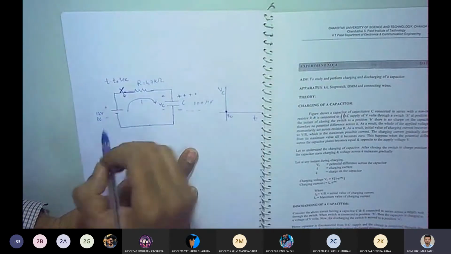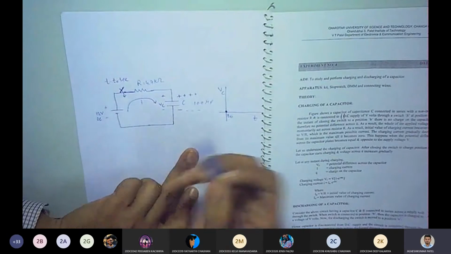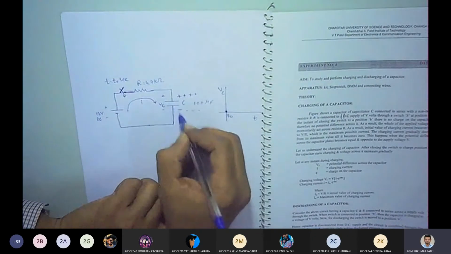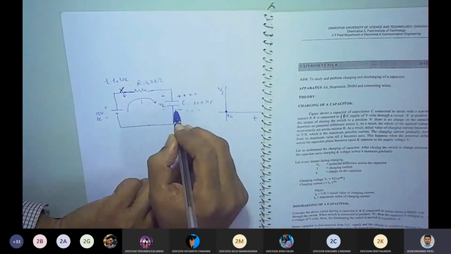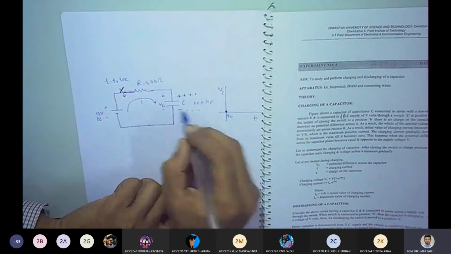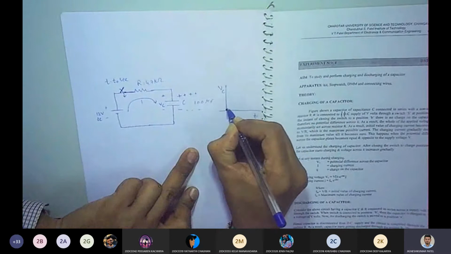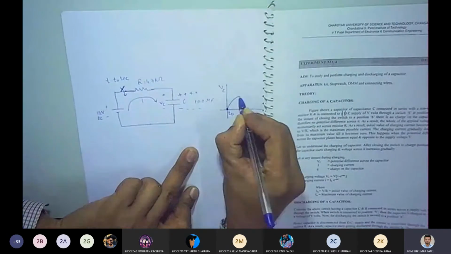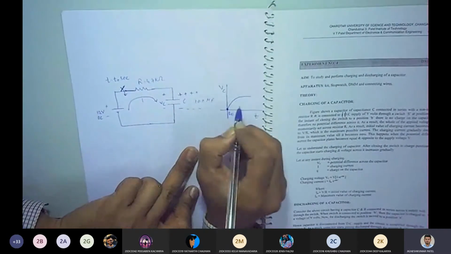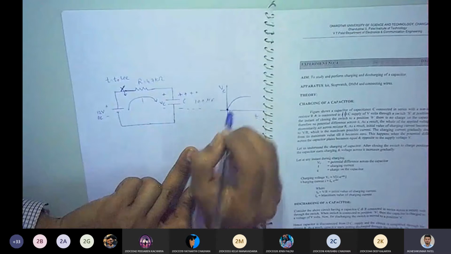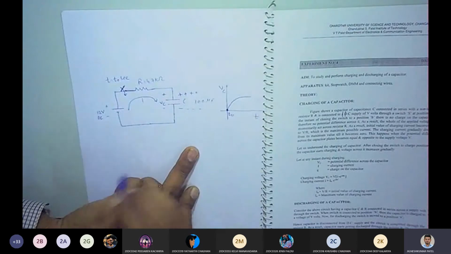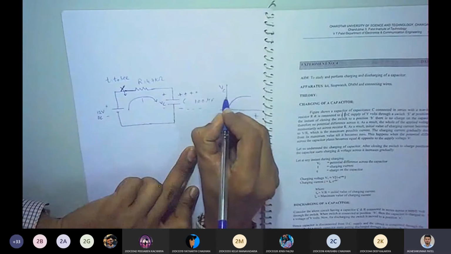But because the switch is closed and current is flowing, and the charges are accumulated across the plates of the capacitor, gradually your VC will be increased. But this is not in a linear fashion. It is exponential: the voltage across the capacitor exponentially increases with respect to time.